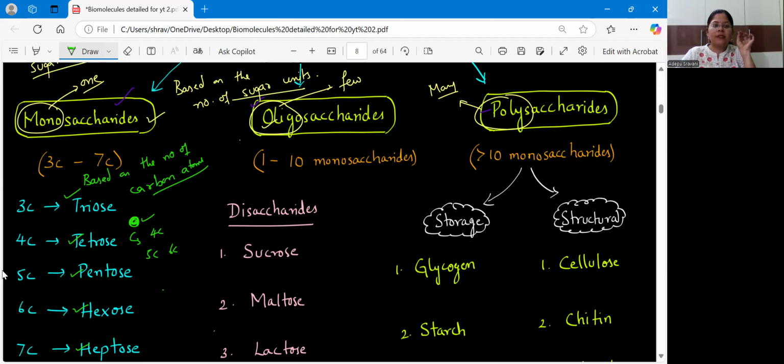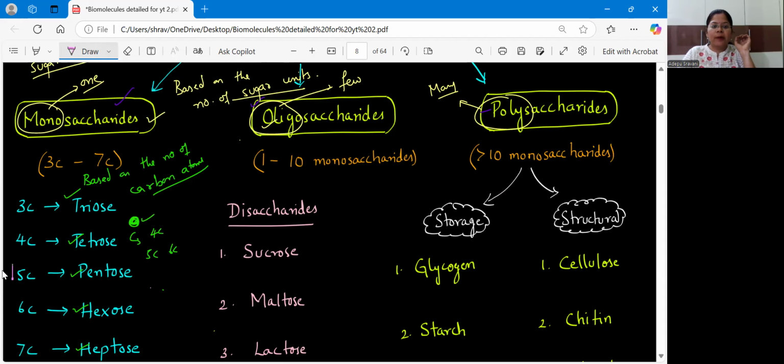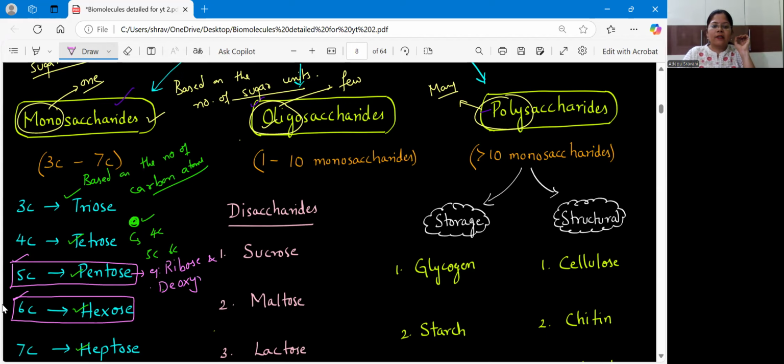In your syllabus, they have mentioned the examples for the pentoses and the hexoses, so we'll be discussing only these two in detail. The pentose examples they have given are ribose and deoxyribose. These are the two examples they have mentioned in pentose.